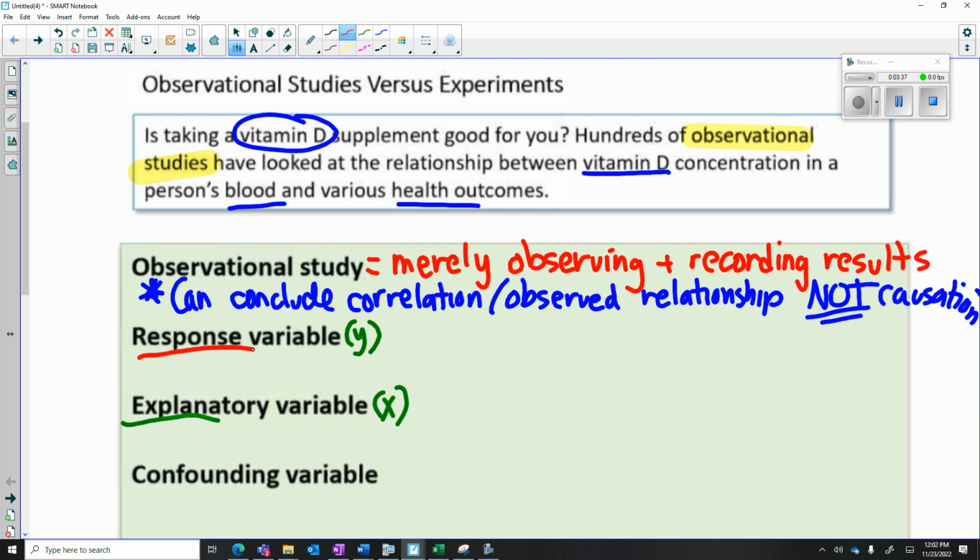In the case above, the explanatory variable would be taking vitamin D or not as a supplement, and the response variable would be what I'm measuring, the blood and health outcomes.